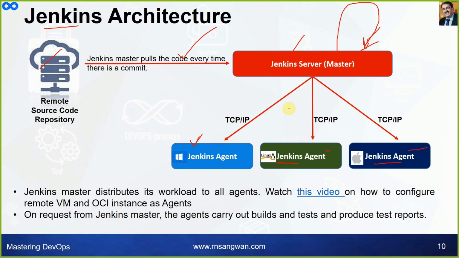My agenda discussion will be one Linux and one cloud instance configured as agents to be used by Jenkins. Not only will the master be used for build jobs, but also the tester machine and OCI. Jenkins master distributes its workload across all agents.